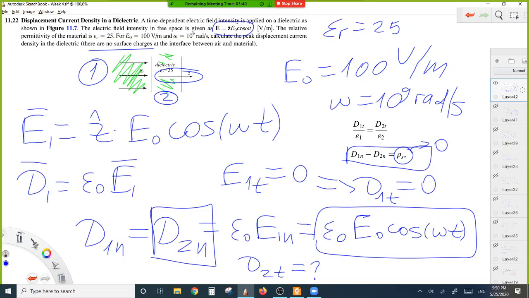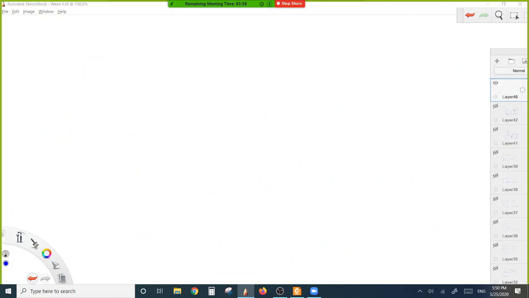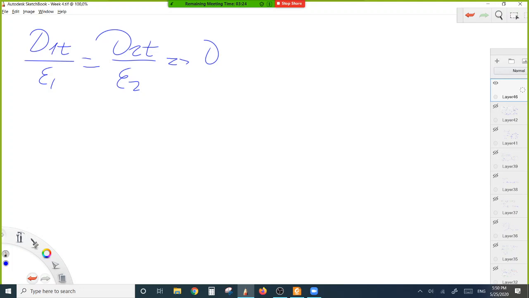Okay, in order to compute the tangential component, we use D1 T over epsilon 1 equal to D2 T over epsilon 2. From here, D2 tangential is equal to epsilon 2 over epsilon 1 multiplied by D1 tangential. The tangential component of D1 was 0, and the tangential component of D2 is also 0.